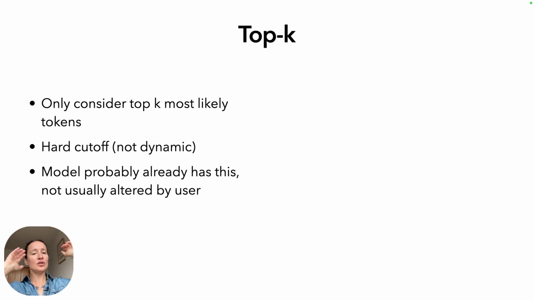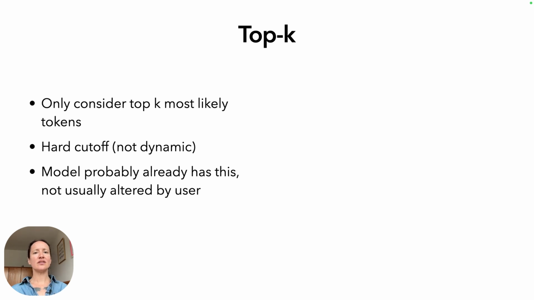And then usually the model itself or the model serving already has an extra cutoff for speed, efficiency, and also because it makes sense from a memory standpoint. In general, I would say just use whatever top K your model has.